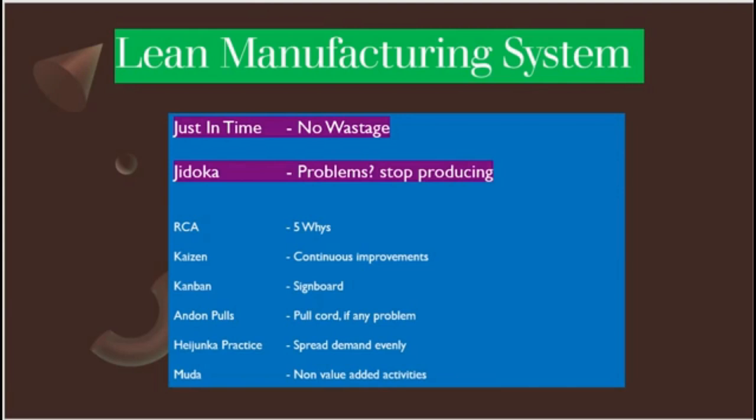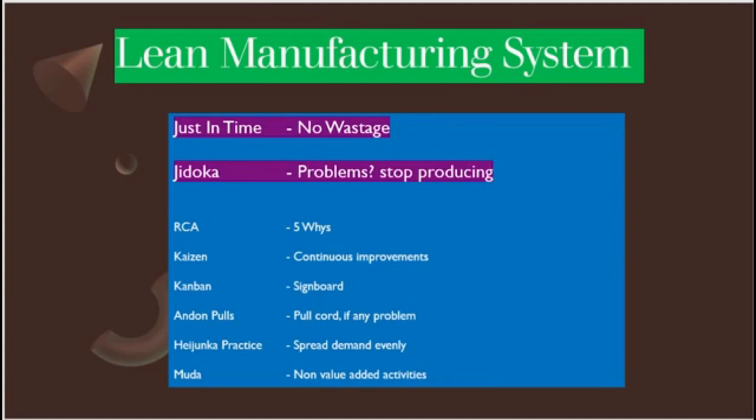So JIT is nothing but just in time. Let's take an example of a supermarket where you see a lot of products in the racks, where shop owners keep refilling the racks as and when customers purchase the products.